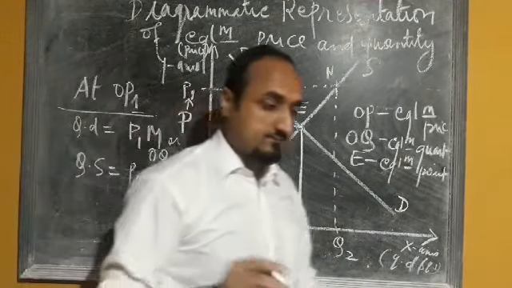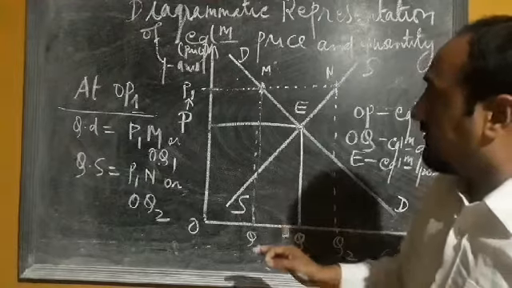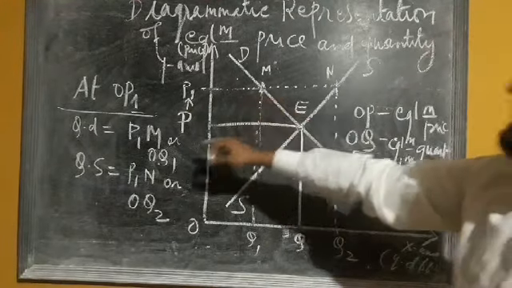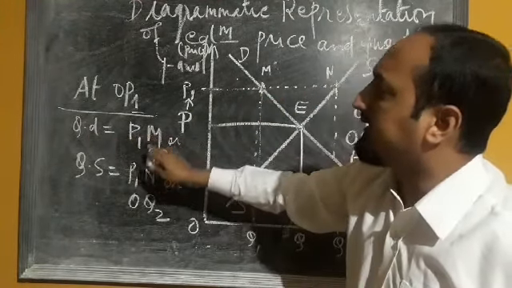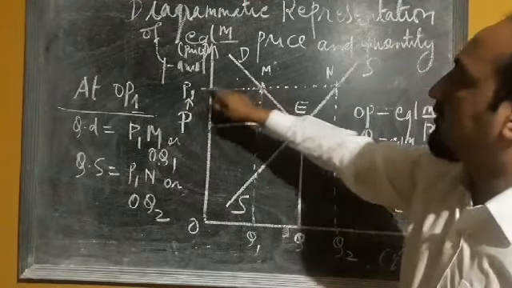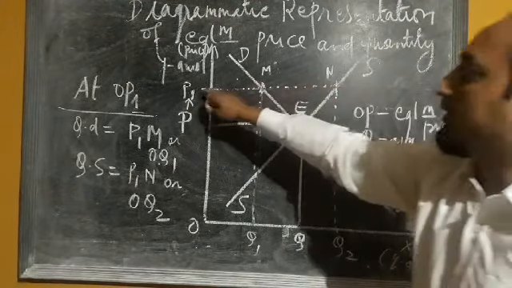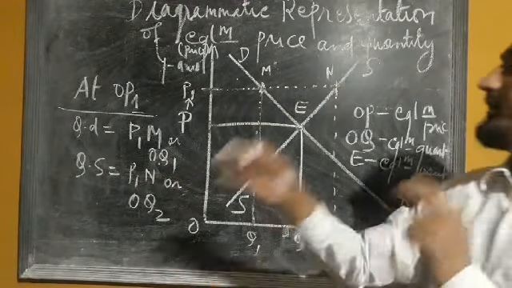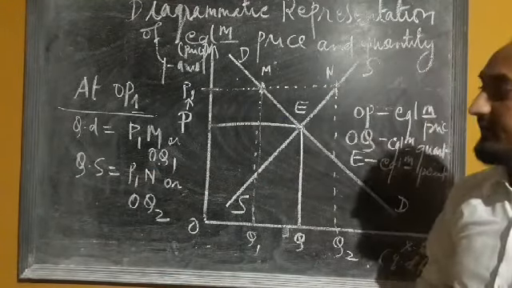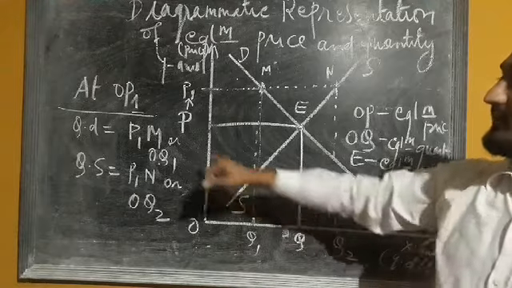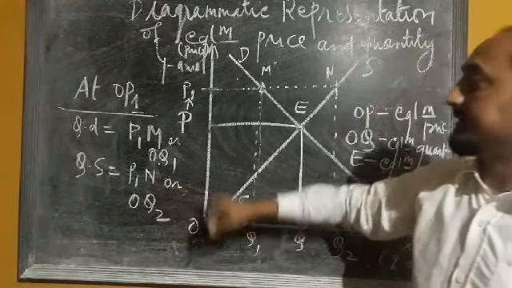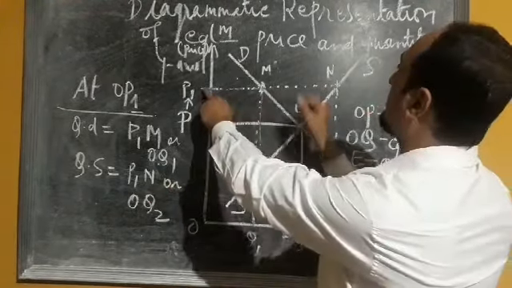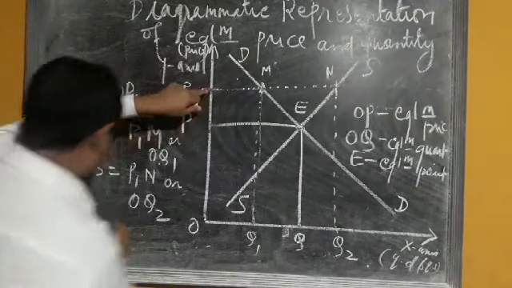So here, quantity demand is only P1M, but quantity supply is P1N. Now which one is greater, quantity demand or quantity supply? Here I can see that the quantity supply is greater.